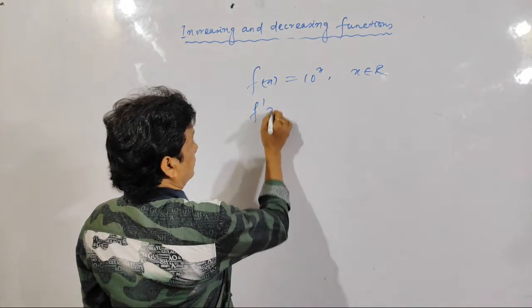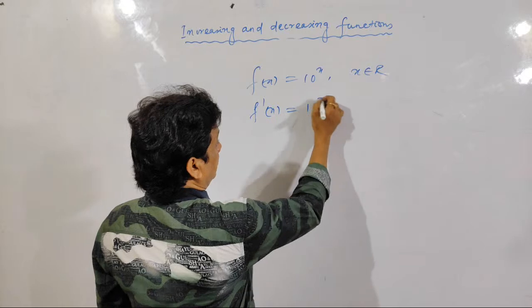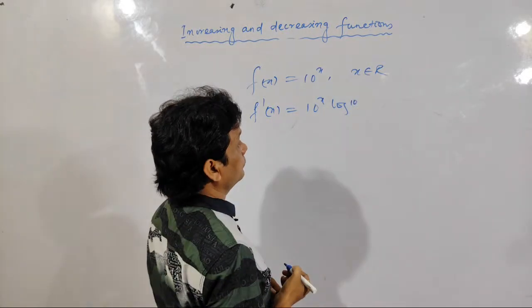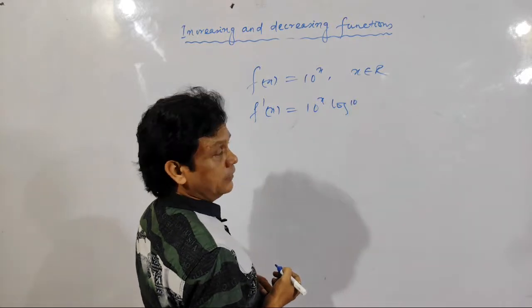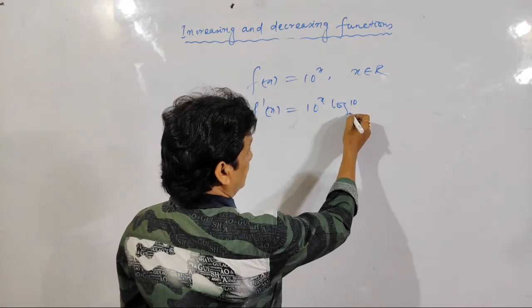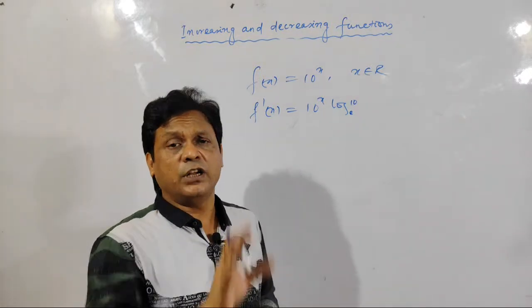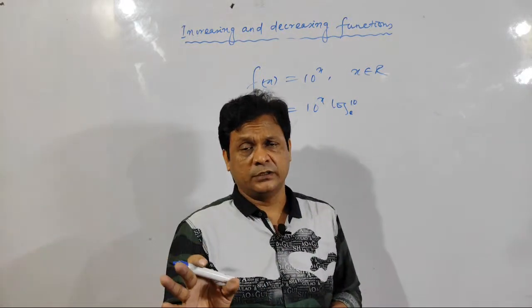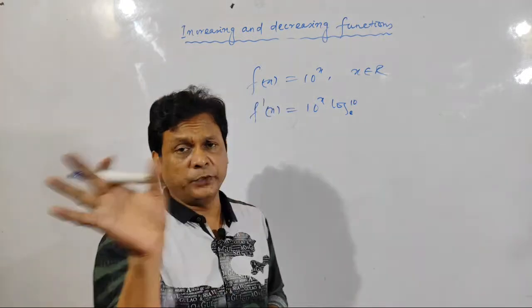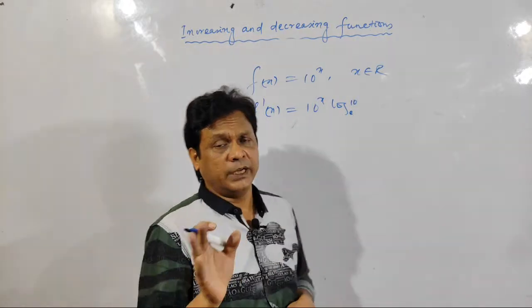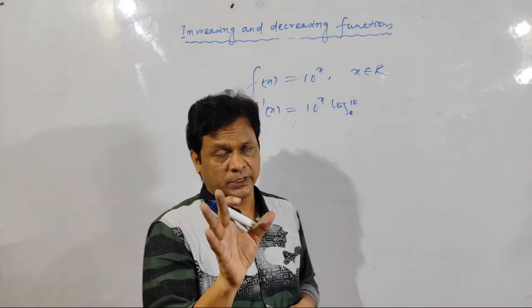F dash x. Is it 10 to the power x into log 10? And the base is always, it is known to be base e, because in derivative and integration, in all the formulas, the base is e. So don't confuse. Whether you are writing log or ln, anything, the base is e always.